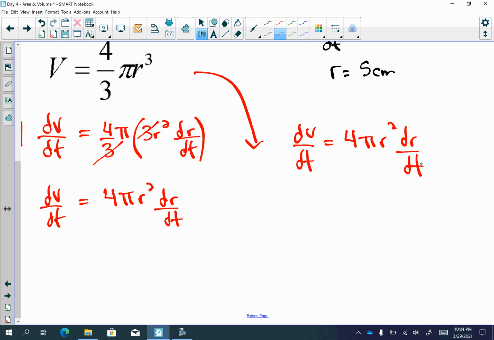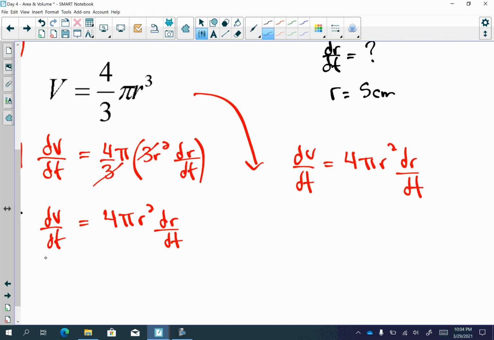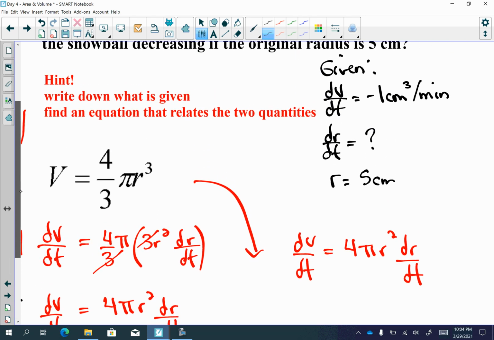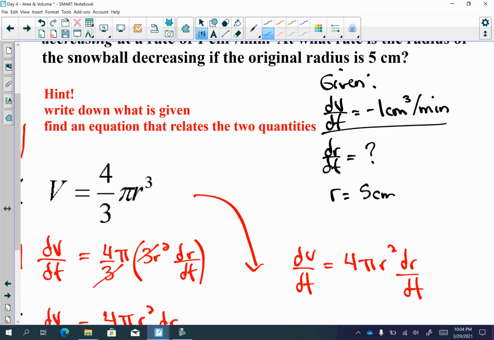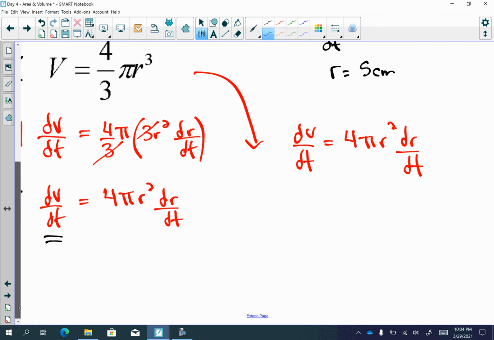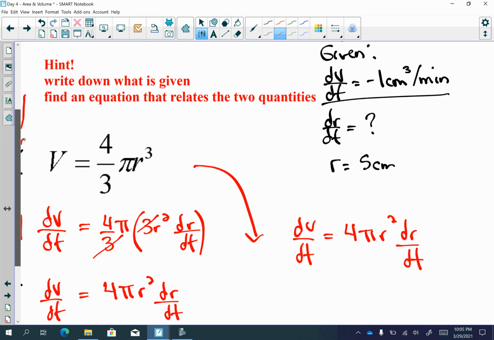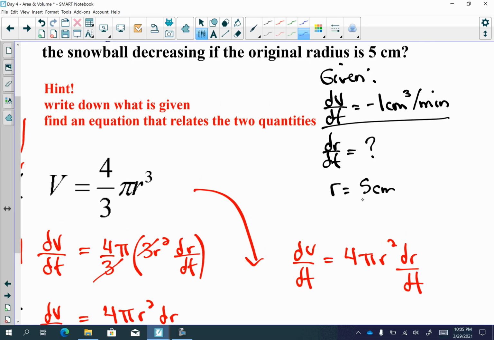Okay, now I'm going to fill things in. I know that dV over dt is -1. It's going to equal 4 pi, and I know the r value. r is 5.